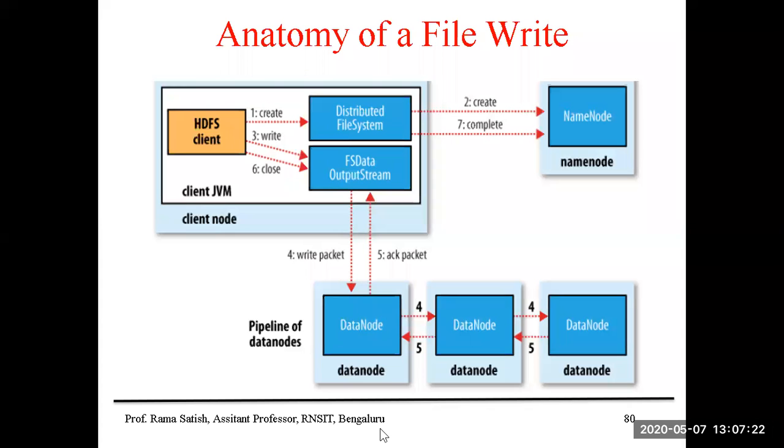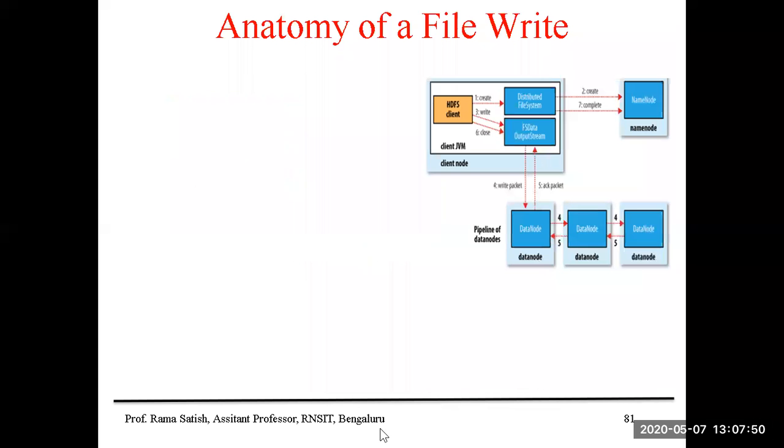If the replication factor is not 3, the entire system is not allowed, so the name node will not allow it. That is the reason it is very, very important. So it will maintain a pipeline of data nodes, so that each block is stored with a replication of 3. That is one very important thing that we should consider.